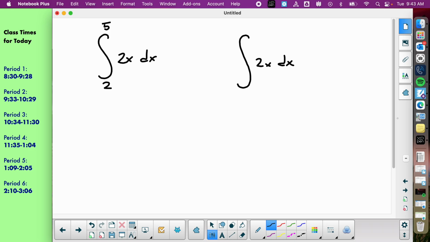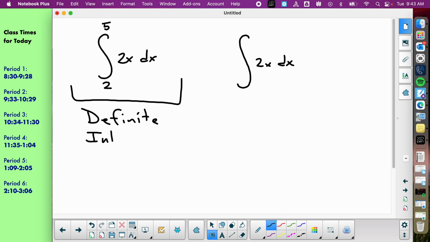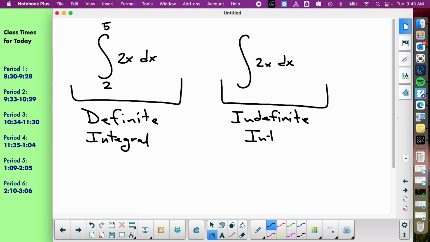They're done somewhat similar, finding the answers, but they stand for completely different things. This is going to be known as a definite integral. I know I've said these terms a couple times, but it's not like you have anything to put it together yet. It's going to be called a definite integral. This is going to be called an indefinite integral. Or antiderivative.